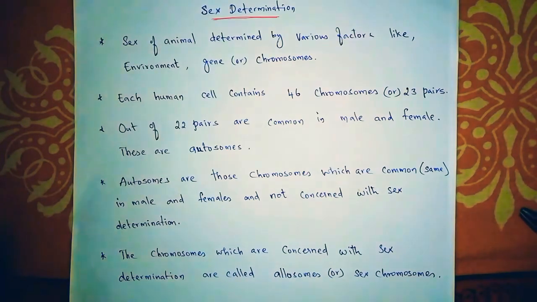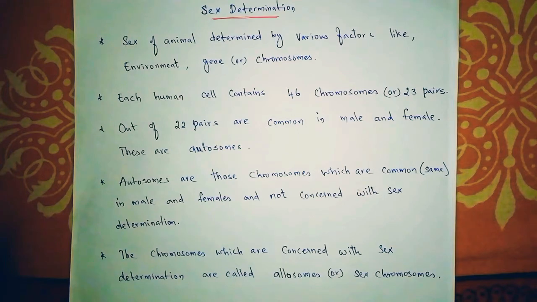But in some animals, for example the snail, an individual can change its sex by itself, indicating sex is not genetically determined. So some animals are not genetically determined, but we humans are not like that.